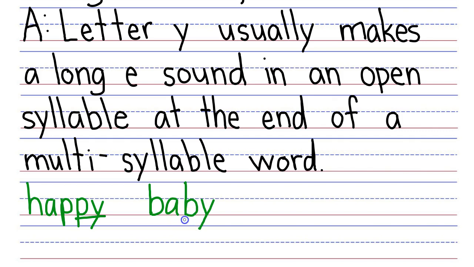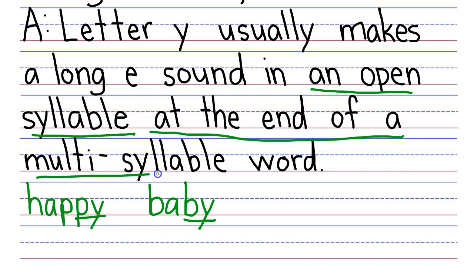And so our syllable, pronounced B, is an open syllable, and it's at the end of a multi-syllable word, and therefore the Y is making a long E sound, because that's the sound that Y usually makes in this position in a word.